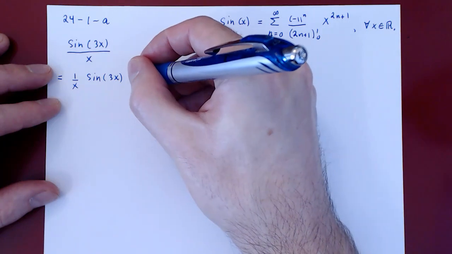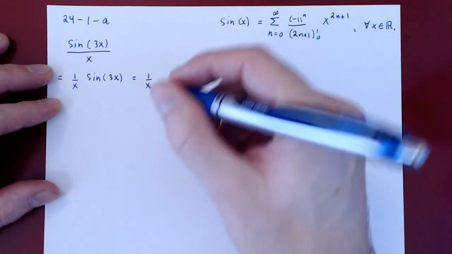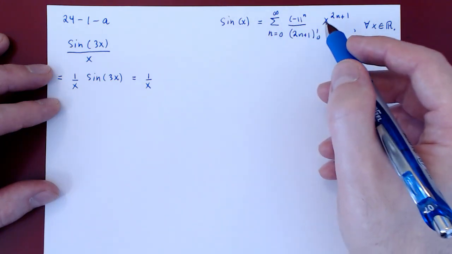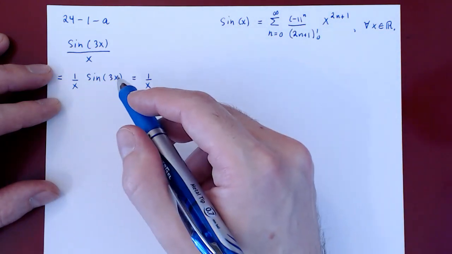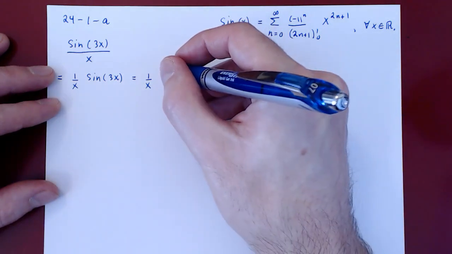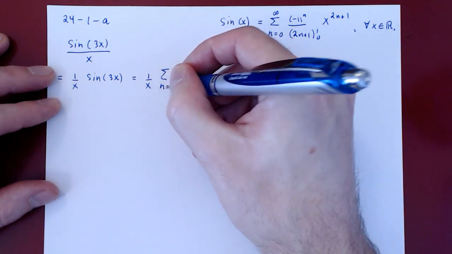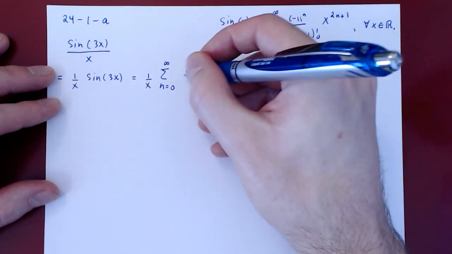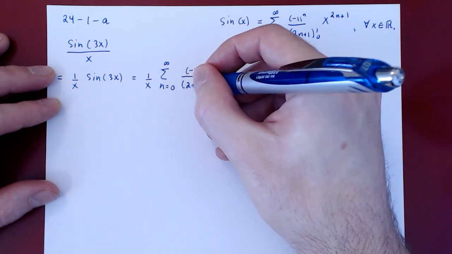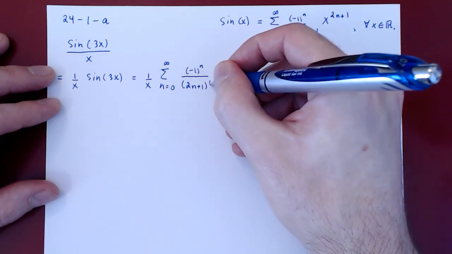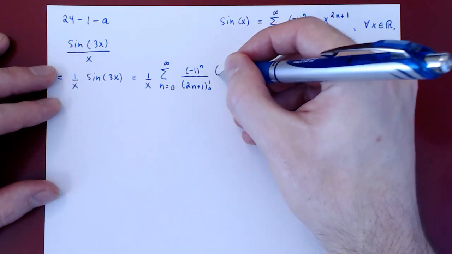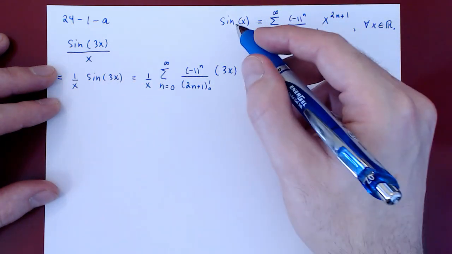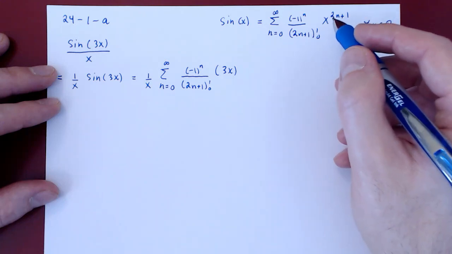So the 1 over x tags along, and now we obtain sine of 3x by making the substitution in the previous equality, replacing x by 3x. Again, replacing x in the Maclaurin series for sine of x by 3x, so 3x to the 2n plus 1.